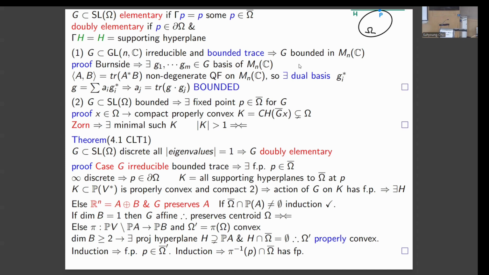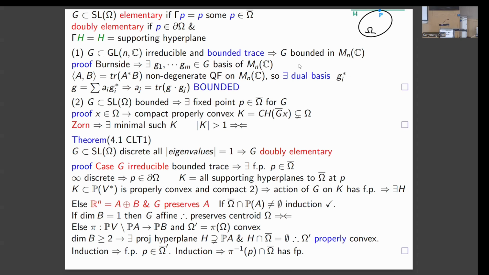The point P might be in the interior of omega, or it could be in the boundary of omega. So a group is elementary if there's a common fixed point either in the interior of omega or the boundary of omega.